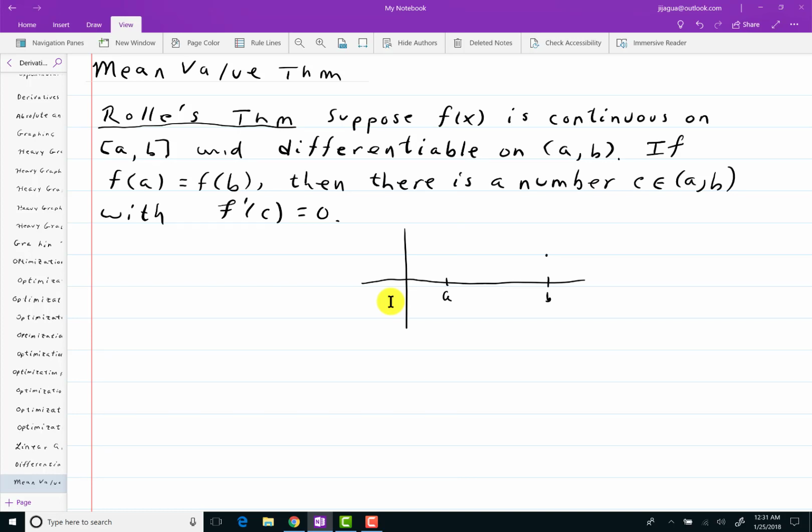Now if you have them starting at the same height, you could go directly across, and then the derivative is 0 for every number in between. But basically, if you leave A, you've essentially got to come back down if you ever hope to get to B. And then right here could be where a C occurs. And it could happen in more than one spot. Another C could happen over here, for example.